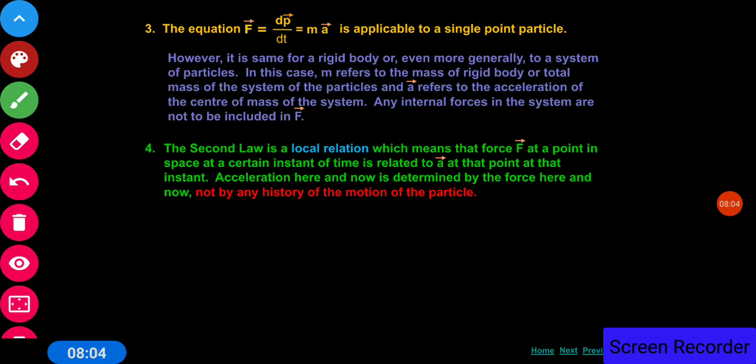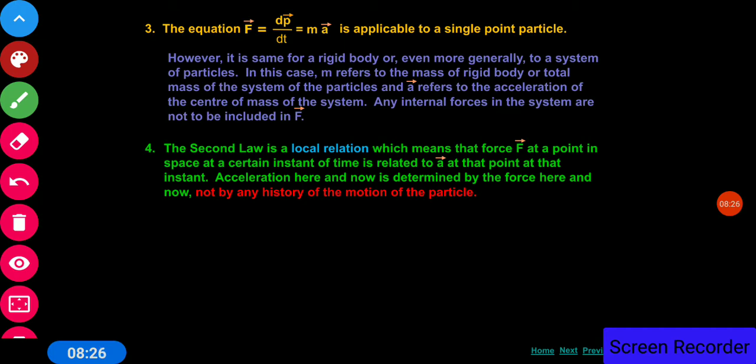Acceleration here and now is determined by the force here and now, not by any history of the motion of the particle. For example, suppose a person is traveling in a train or in a bus and he has a ball in his hand.